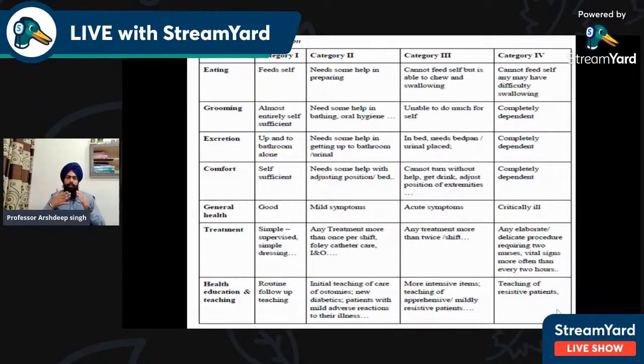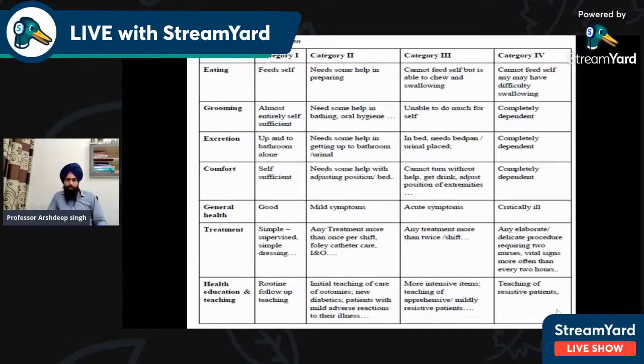From category 1 to category 4, the condition is worsening. Patients in good condition, who have some problems from diseases but are able to do some things in their own manner, are placed in category 1, and the rest of the categories, the second, third, or fourth, have patients with worsening conditions.